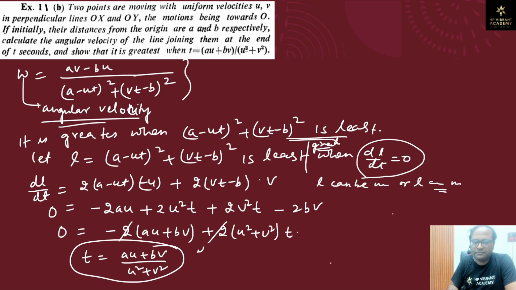If d2L upon dt square is less than 0, then L is maximum, and if d2L upon dt square is greater than 0, then L is minimum.